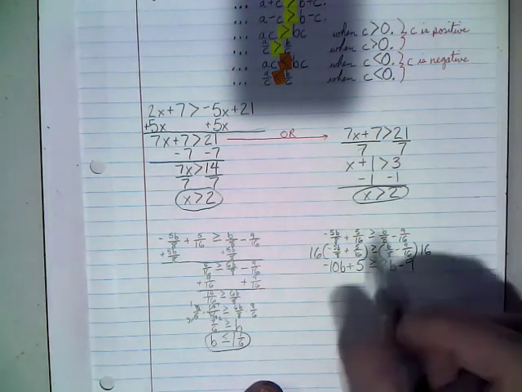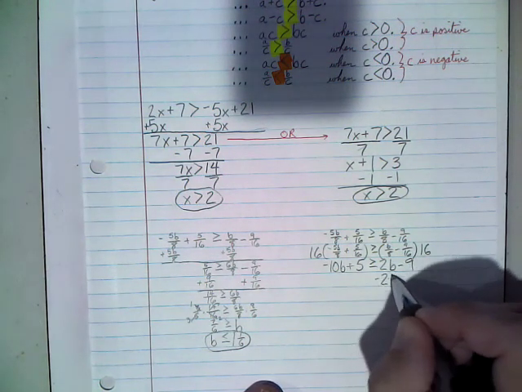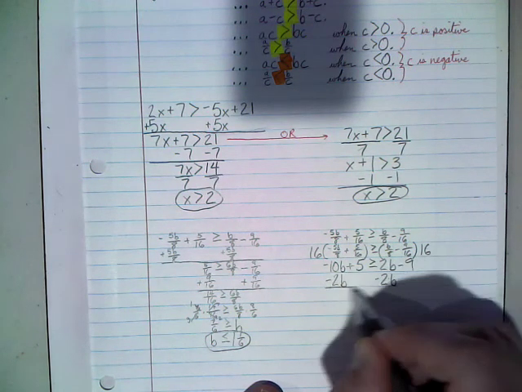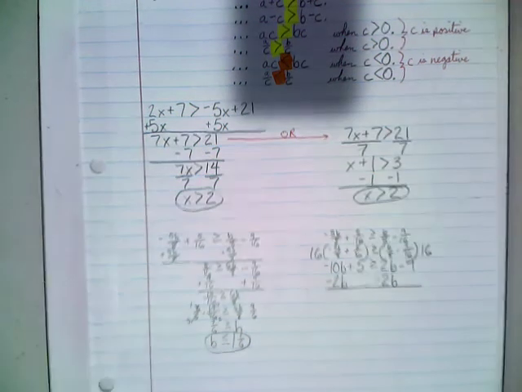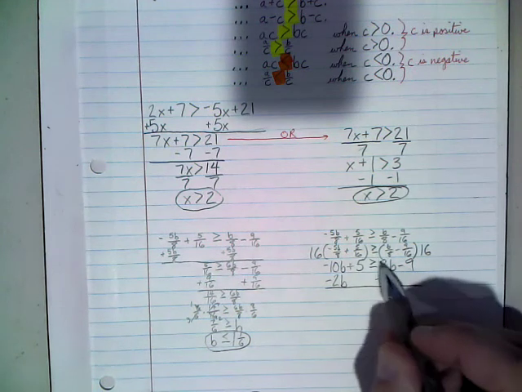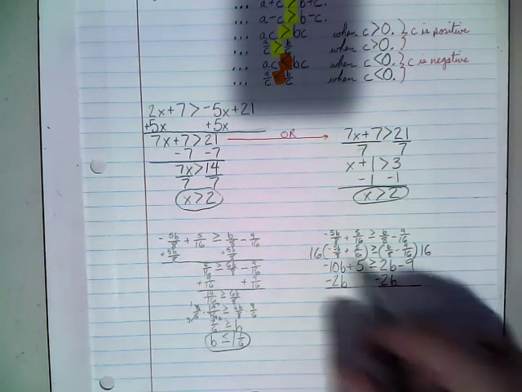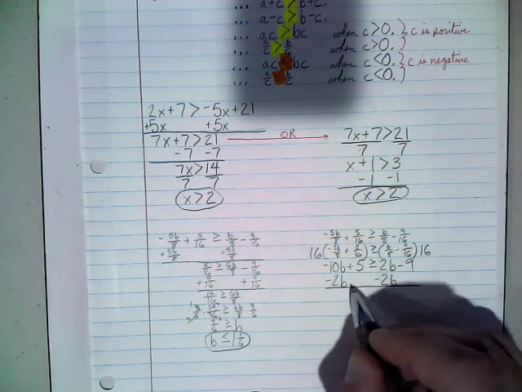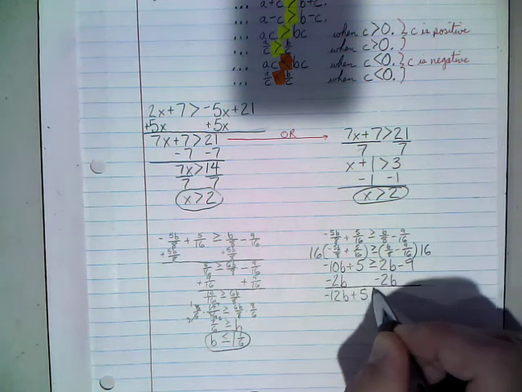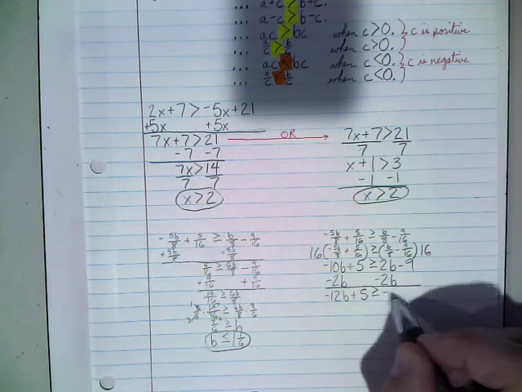So here we go. This time, I'm gonna say I want my variable on the left. It's nice to have positives, but I'm gonna say let's just have the variable on the left this time. So I'm gonna subtract 2b. So to cancel out a positive 2b, we subtract 2b. So a negative 10b minus 2b is a negative 12b, plus 5 is greater than or equal to a negative 9.